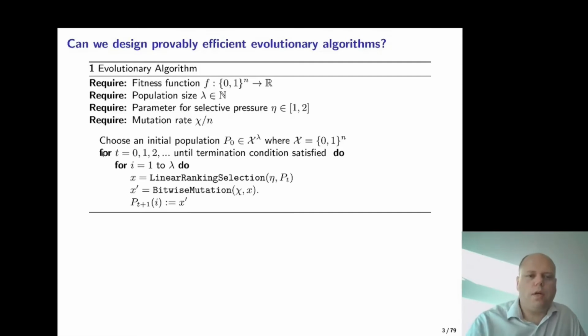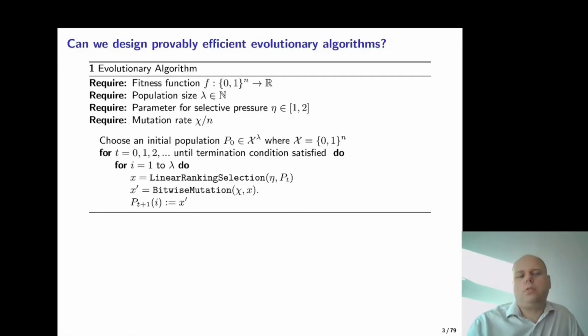So we start by choosing a population uniformly at random from the search space, and then we go into a loop. In each generation we create lambda offspring. First we select an individual from the current population using linear ranking selection.